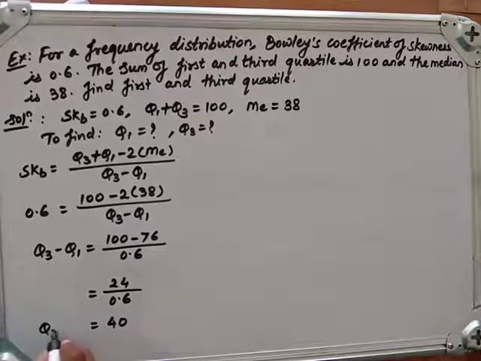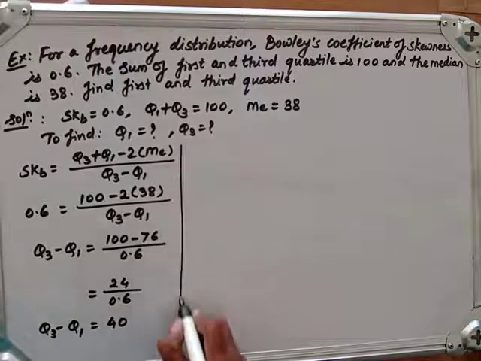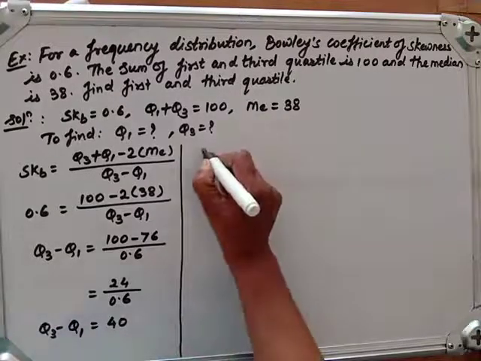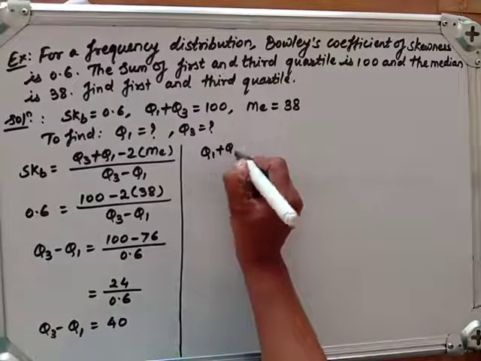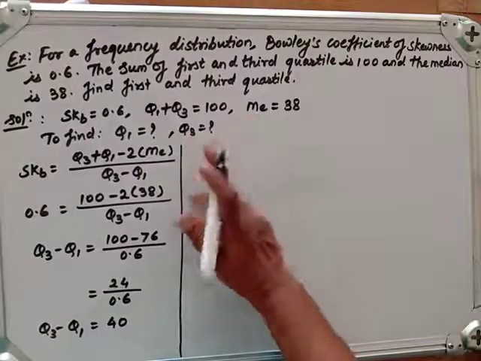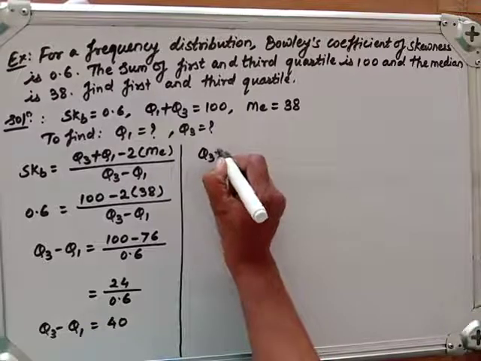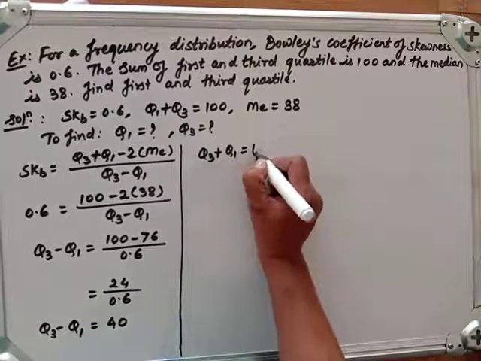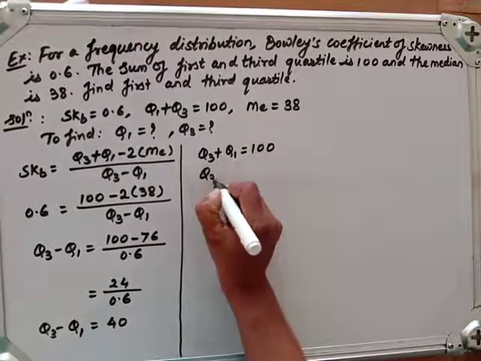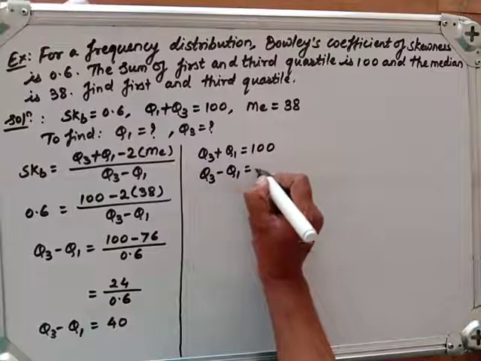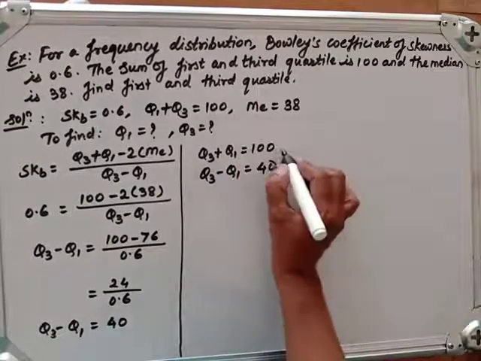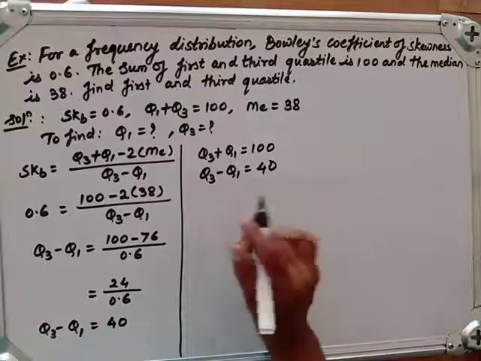So Q3 minus Q1 we get 40. Now we have two equations: Q3 plus Q1 is equal to 100 and Q3 minus Q1 is 40. The first is given and this one we have obtained.